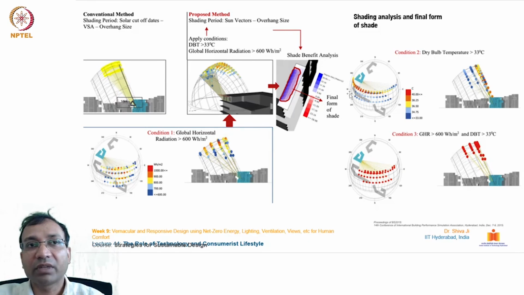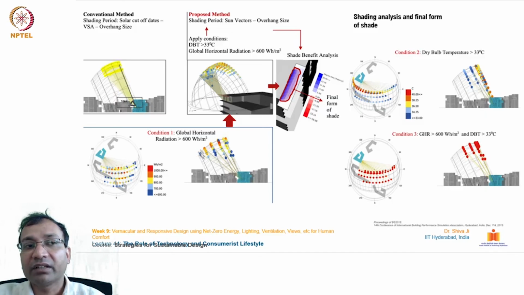This is a shot from the solar path diagram, which shows the location and the intensity of the sun at different times and different months of the year. You can see the temperature ranges from 33 degrees to 40 degrees centigrade, depicted with these 5 different colors of the sun, and its location.